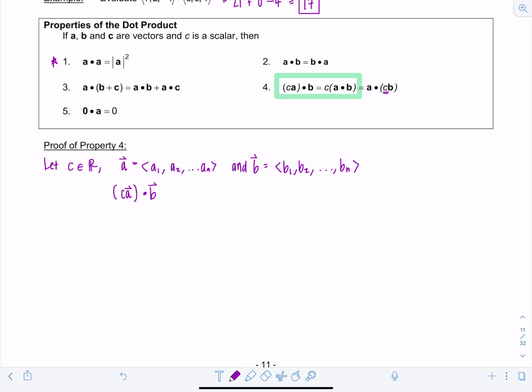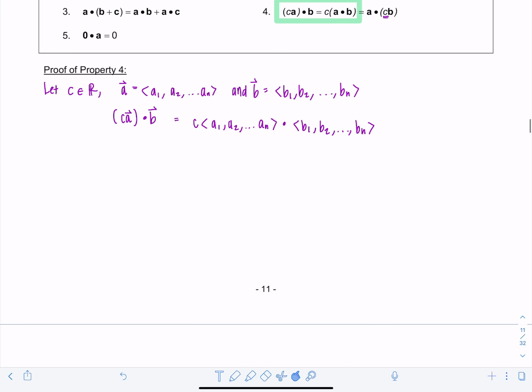So c times a, I'm just going to refer to the component form of a and b that I have above. So I have c times a1, a2, up until an, dotted with b1, b2, up until bn. And then from here, the next step that makes sense is I'm going to distribute c, the scalar, across that vector a.